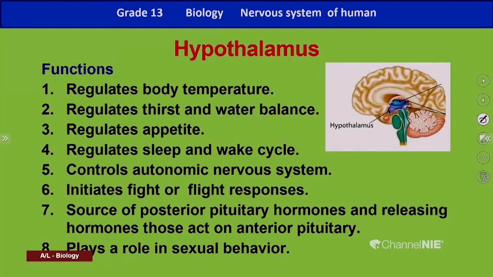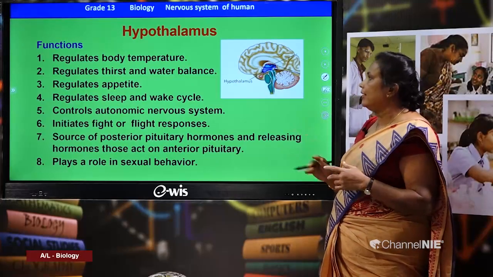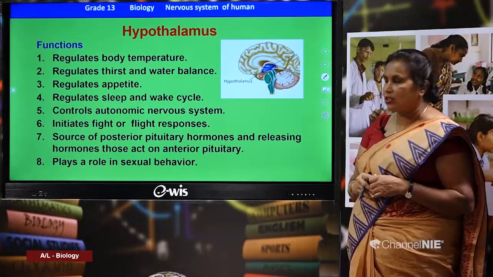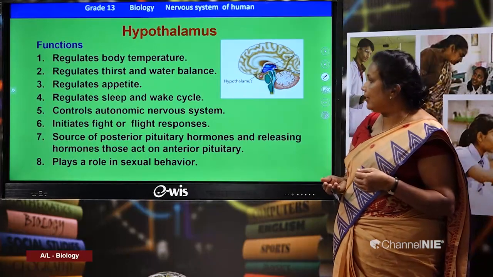A number of different functions are actually carried out by the hypothalamus, right. This is a very important region related to homeostasis, right. Regulates body temperature, that is one of the important functions. Then regulates thirst and water balance, right.